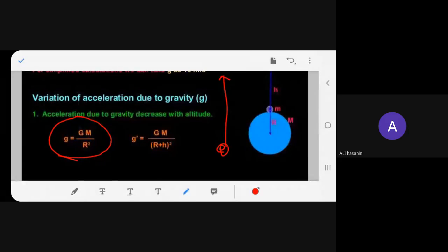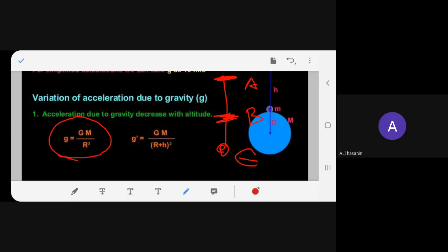Now, my question to you, will the acceleration due to gravity be more at A or at B? B. Exactly, because it is near the earth. As the height increases, the acceleration due to gravity decreases. As simple as that.